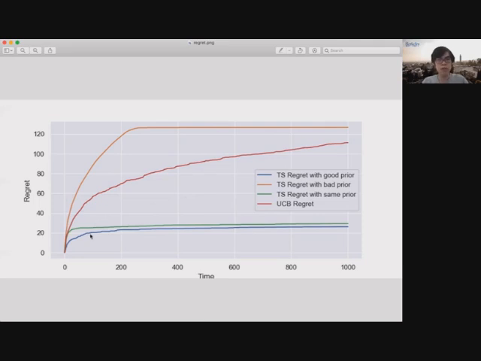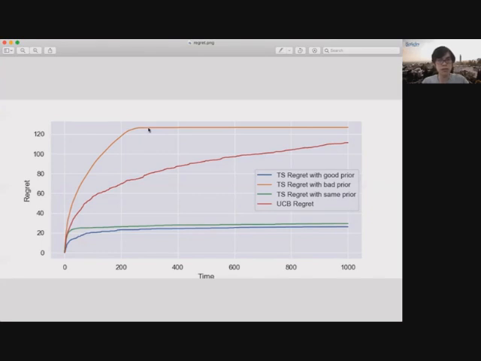Okay, so the best performing algorithm is Thompson sampling with a good prior. And then this is followed by Thompson sampling with the same prior over all the arms, followed by UCB. And then finally, we have Thompson sampling with a bad prior.